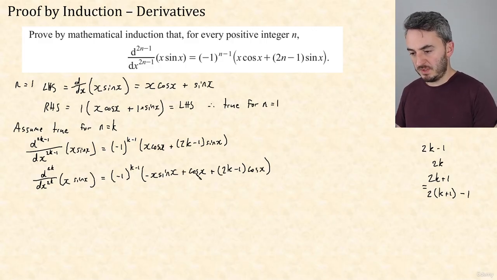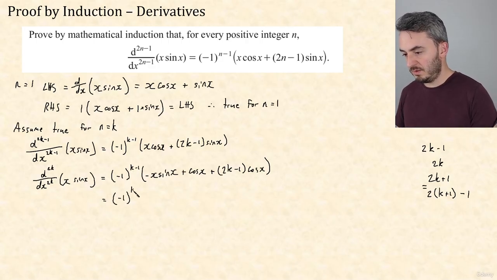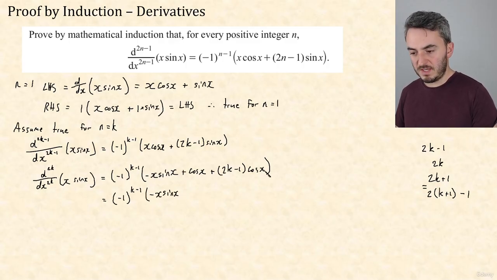Yes, I think so, just because this can be cleaned up a little bit. So let's just leave that where it is, minus 1 to the k minus 1. So x sine x, and then how many cos x's have I got? Well, I've got one more from this, so bumping that up by 1, I just get 2k cos x. So plus 2k cos x.